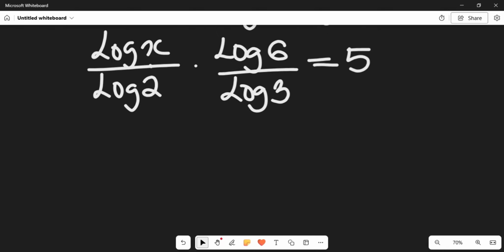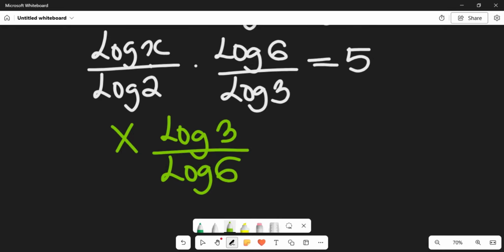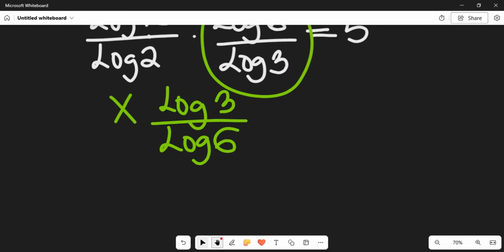Now in order to simplify this, we are simply going to multiply both sides by the log of 3 divided by log 6. That way, we can clear off this whole expression. Let's look at what we mean by that.